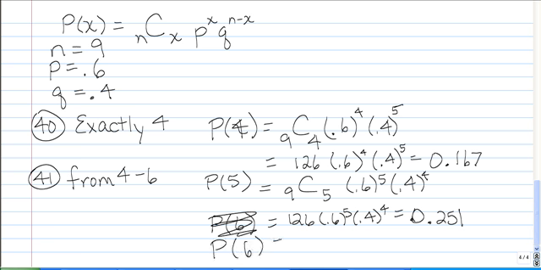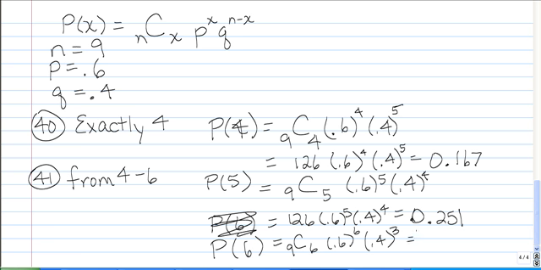For 6, we want combinations of 9 taken 6 at a time, 0.6 to the 6 times 0.4 to the 9 minus 6, which would be 3.